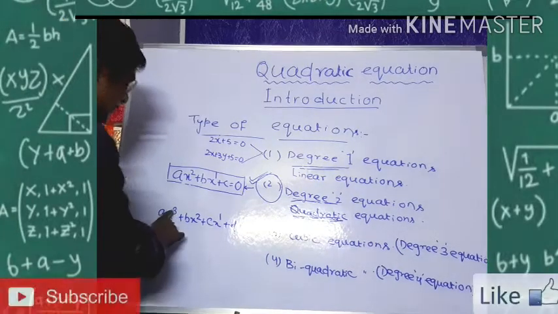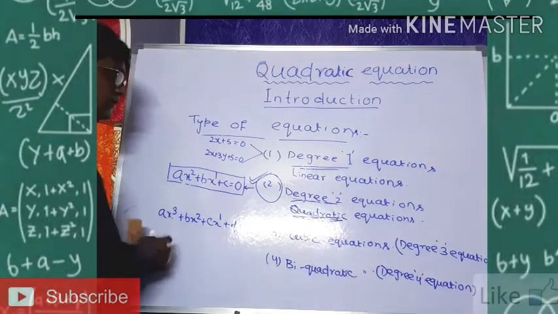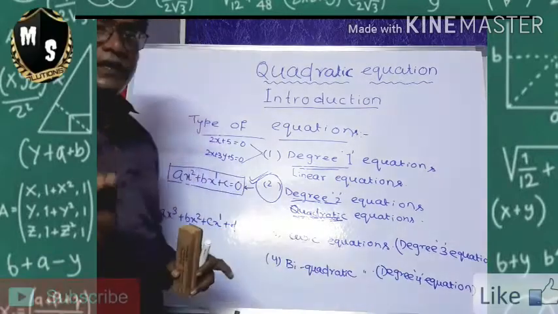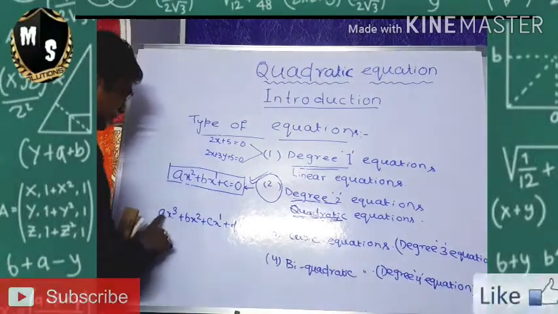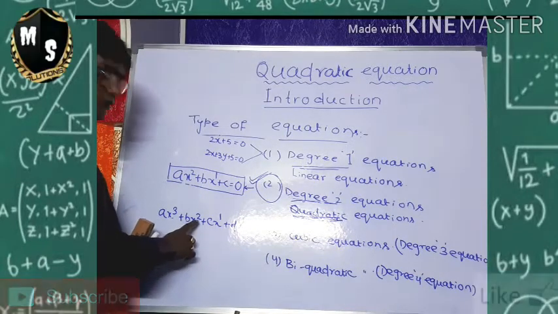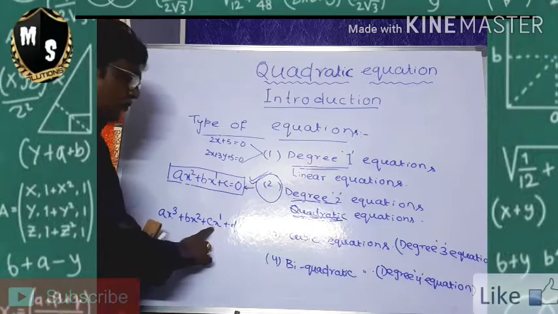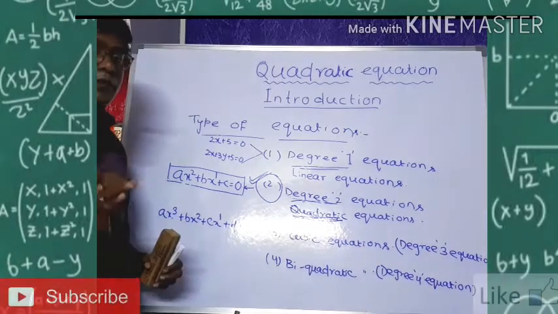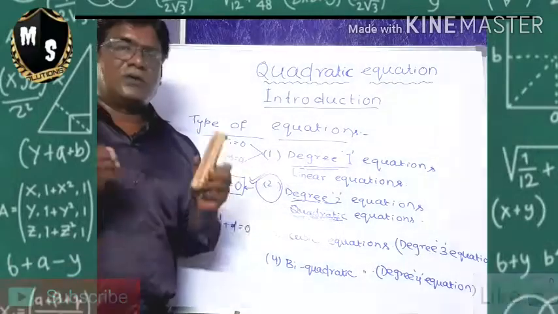So this 3 is to be considered. For that reason, it is called a cubic equation or degree 3 equation. A is called the coefficient of x cube, B is the coefficient of x square, C is the coefficient of x, and D is a pure number. Pure numbers are otherwise called constants.